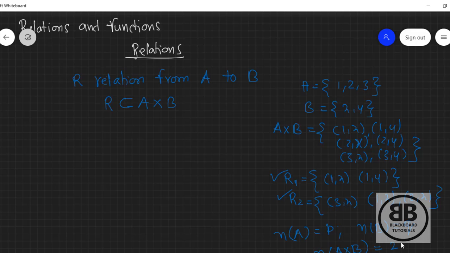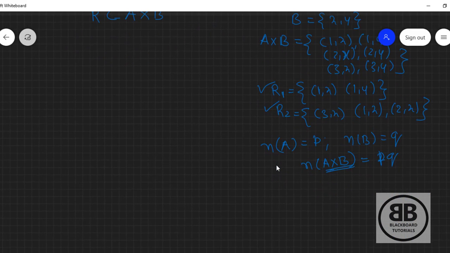Of course, it will be PQ. And how many subsets does A cross B have? The number of subsets will be 2 to the power PQ. That many relations we can define from set A to set B.